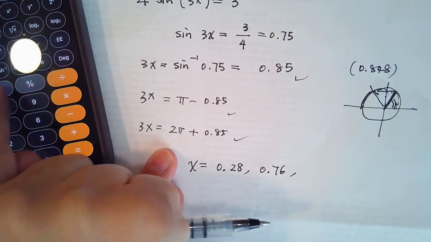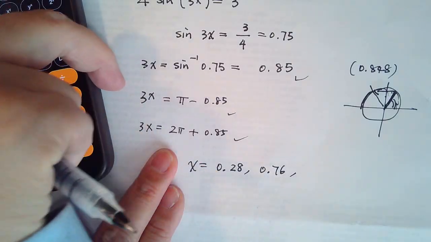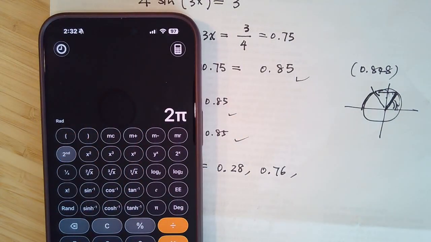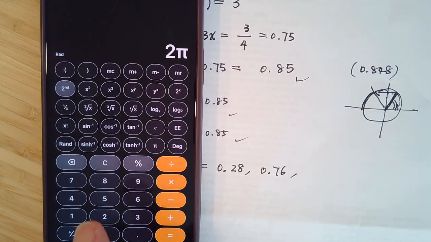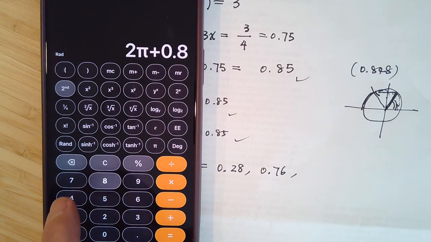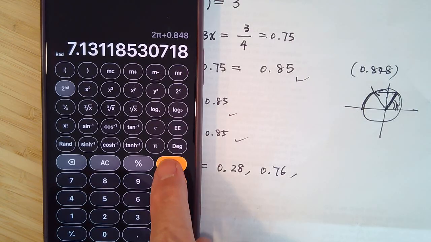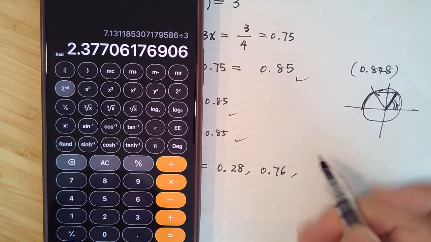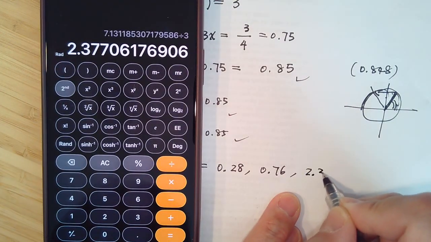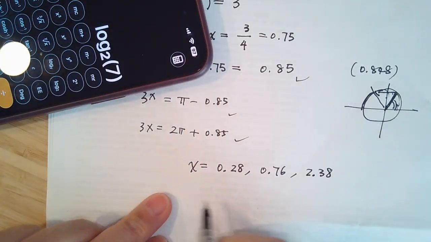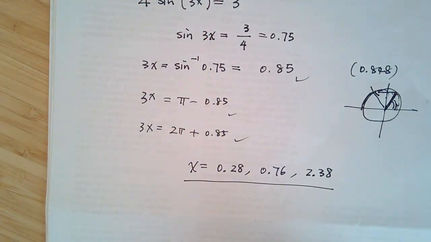And here you go 2 pi plus 0.848. So you get that divided by 3. So you get a 2.38. That would be your smallest 3 positive solutions for this number 4.